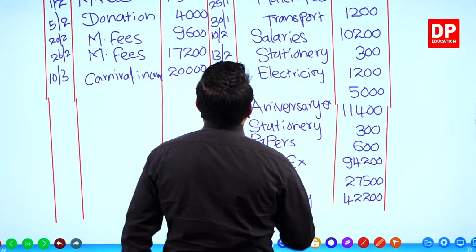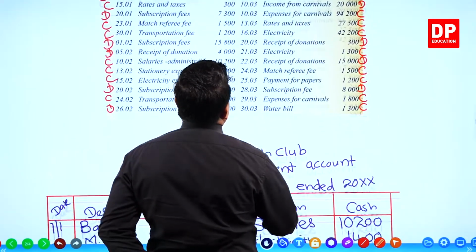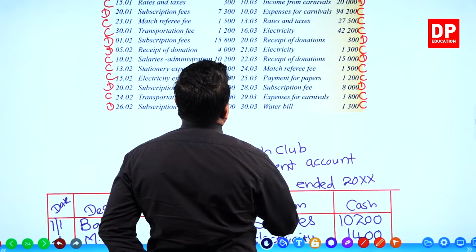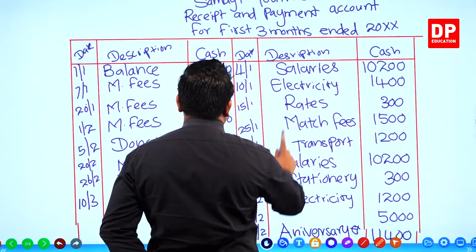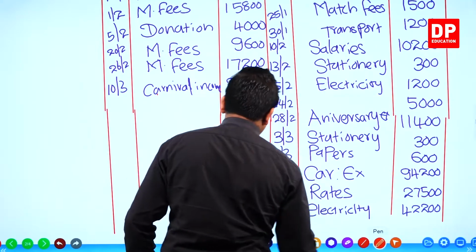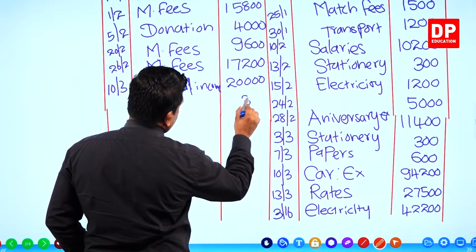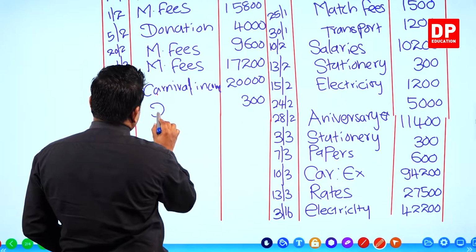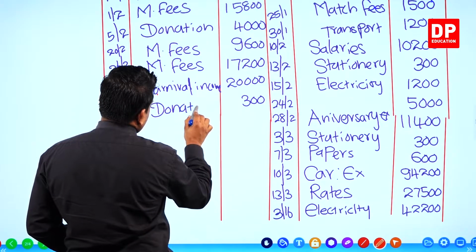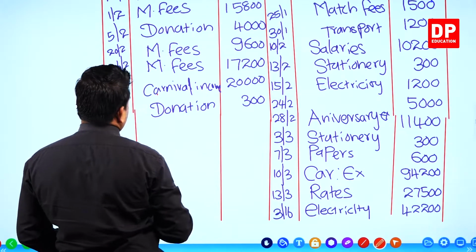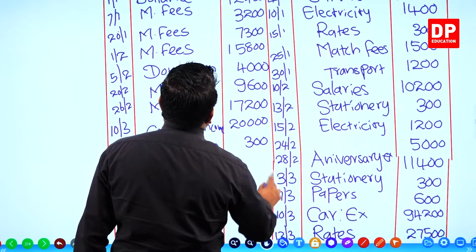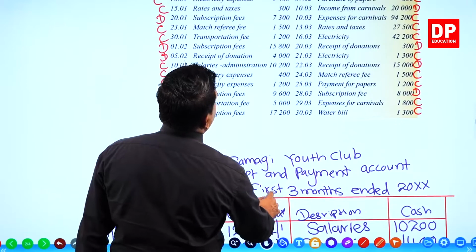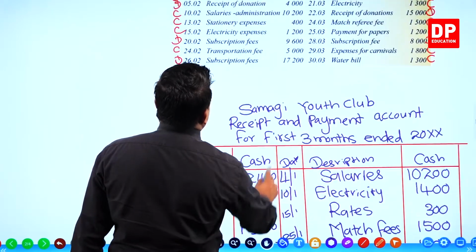Now next. Receipts of donation 300. Donation. See the date when they have done. 320.